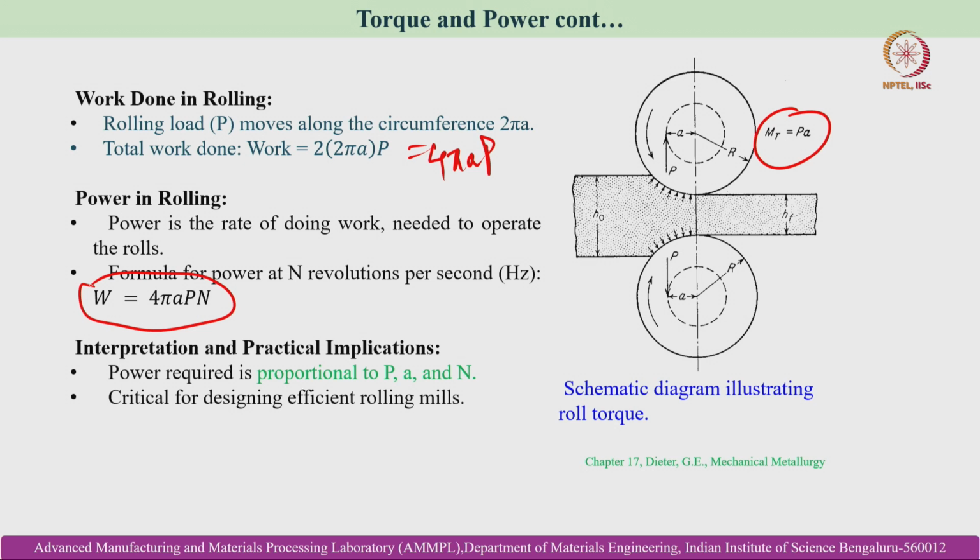So, the interpretation and practical implications. Power required is proportional to capital P, the rolling load, the distance of the moment arm, that is small a, and also the revolutions per second, that is n. This is critical for designing efficient rolling mills for practical purposes to develop the parts with required thickness reduction.